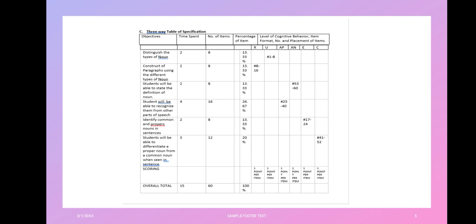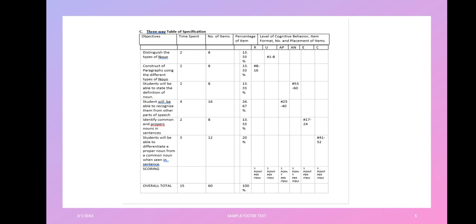Objective number 3 falls under applying, which is 25 to 40. And objective number 5 falls under creating, which is 41 to 52. And lastly, objective number 2 falls under analyzing, which is number 53 to 60. Each level of cognitive behavior has 1 point per item.